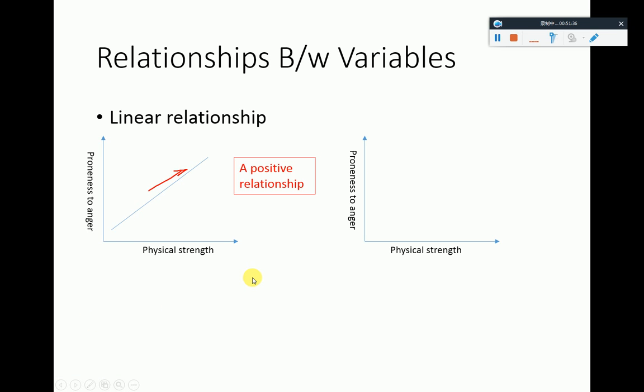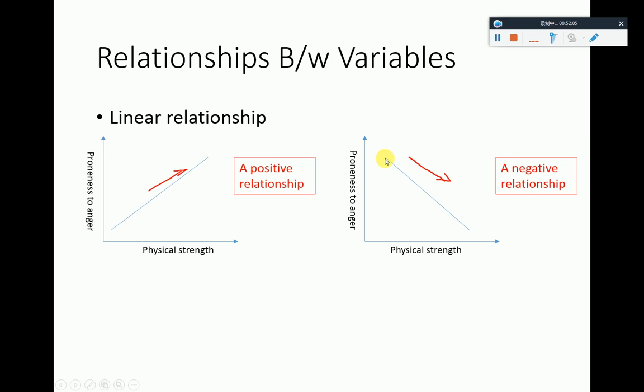And if we have positive relationships, then of course we have negative relationships. So if you see a line arranged like this between two variables, you will know that this line denotes a linear negative relationship.